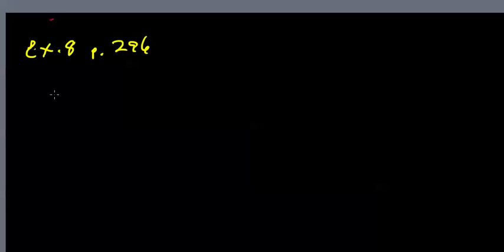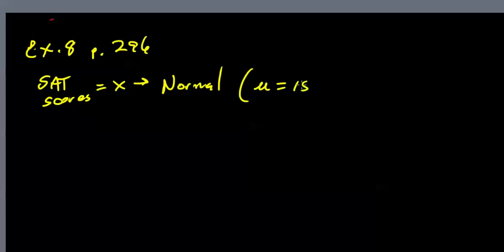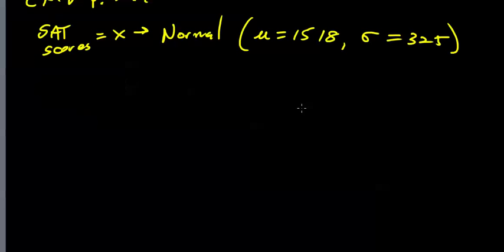Still talking about SAT scores. So we know that SAT scores, represented by variable x, are normally distributed with a mean of 1518 and a standard deviation of 325 as before. This is in the same set of problems as the first example we did, right?